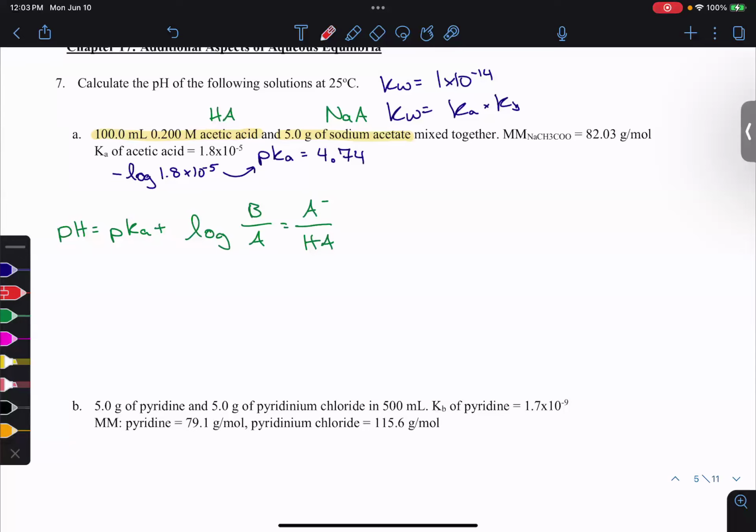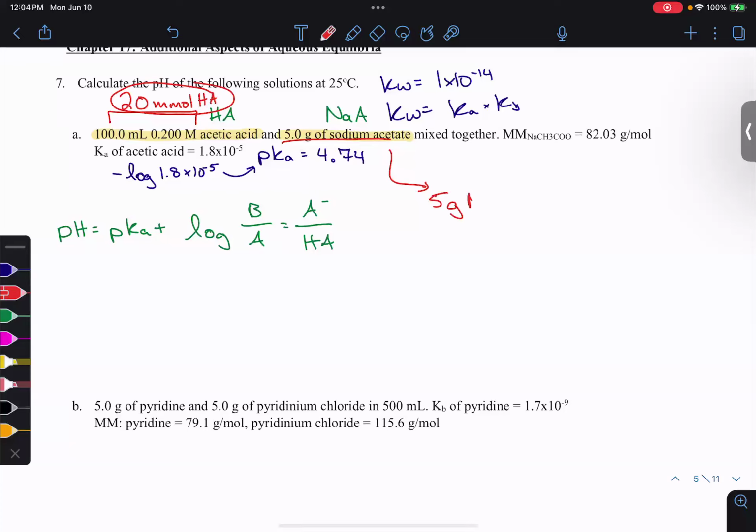So let's go ahead and do that. HA: 100 times 0.2, that is 20 millimoles of HA. So I know that the denominator is 20 millimoles. Then 5 grams of sodium acetate. I'm going to use the molar mass to get that into moles.